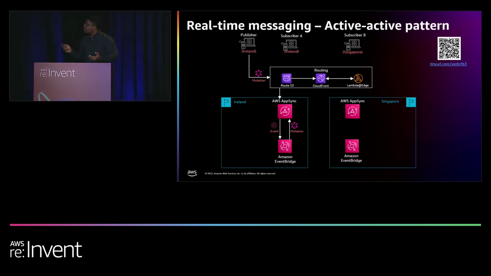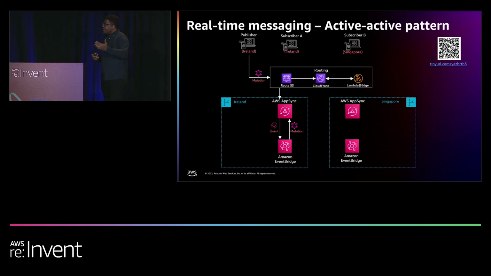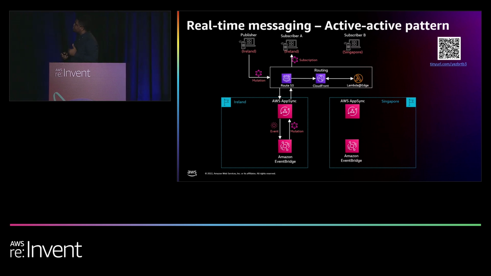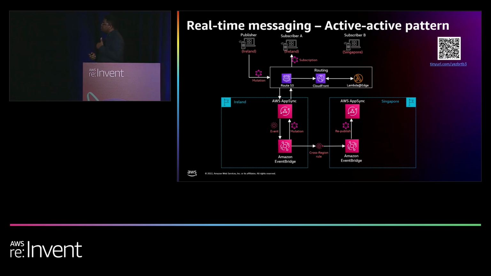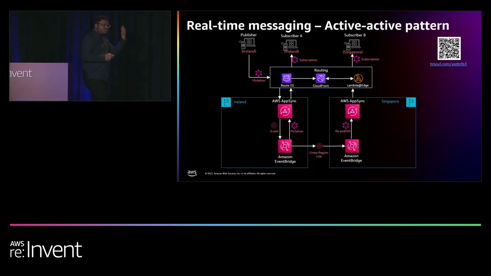This is the mutation that your subscribers will be subscribed to. Because once Amazon Event Bridge triggers this mutation via HTTP destination, that will trigger the notification to your subscribers. Again, the events will flow using the cross-region event routing capability. Again, republishing the event using HTTP destination to the AppSync endpoint, which will again trigger the notification to your subscriber B in the Singapore region.